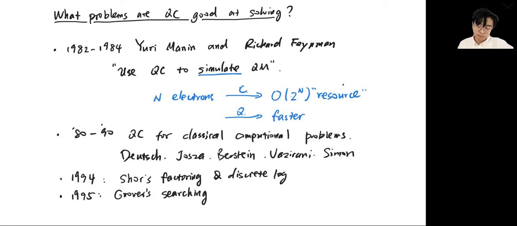And then in the 80s and 90s, a group of computer scientists have been thinking about a question: is quantum computer good for solving classical computational problems? And computer scientists like Deutsch, Jozsa, Bernstein, Vazirani, and Simon came up with particular computational problems or mathematical functions that quantum computers are very good at solving, better than their classical counterparts.